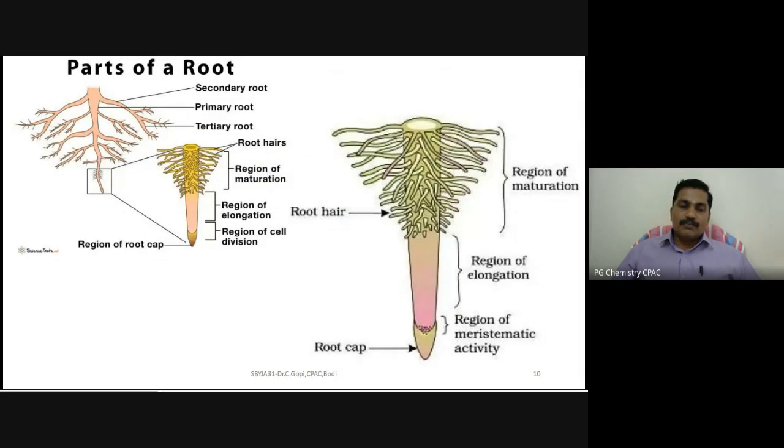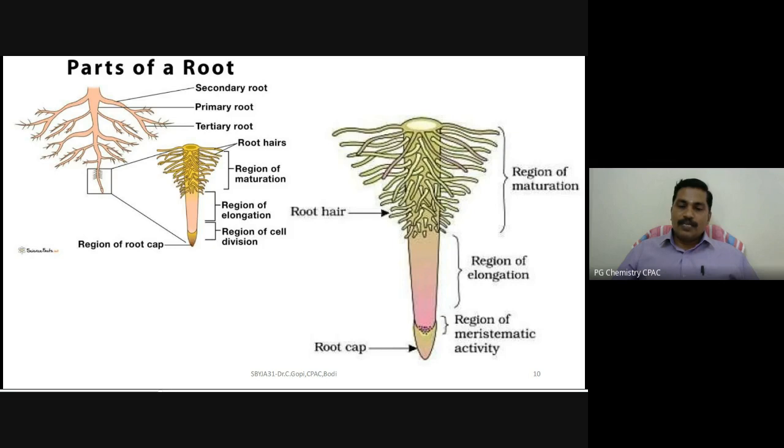You see, whenever you take the matured root, you will find all those things like root regions. The root region consists of the region of cell division, region of cell elongation, and region of root maturation. So this is the root tip region where the actively dividing tissue, the meristematic tissue, is present at the tip of the root.